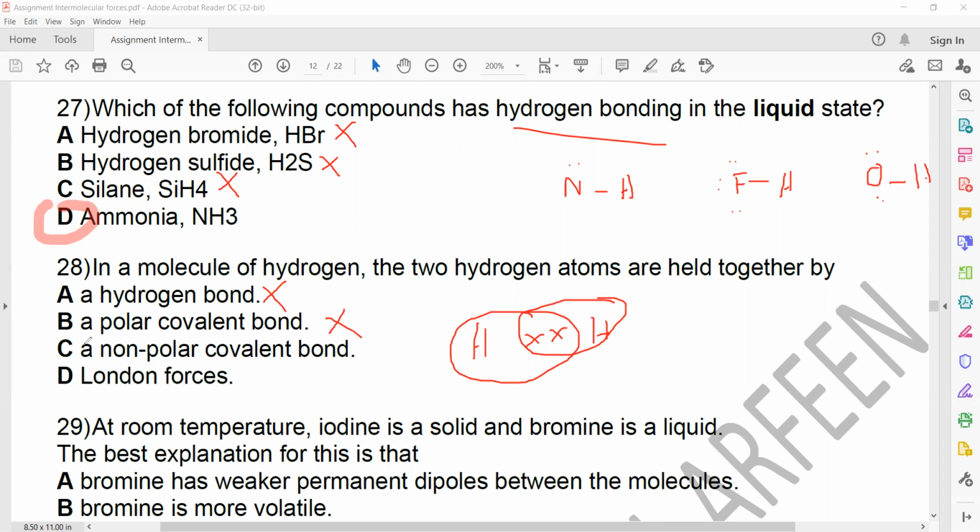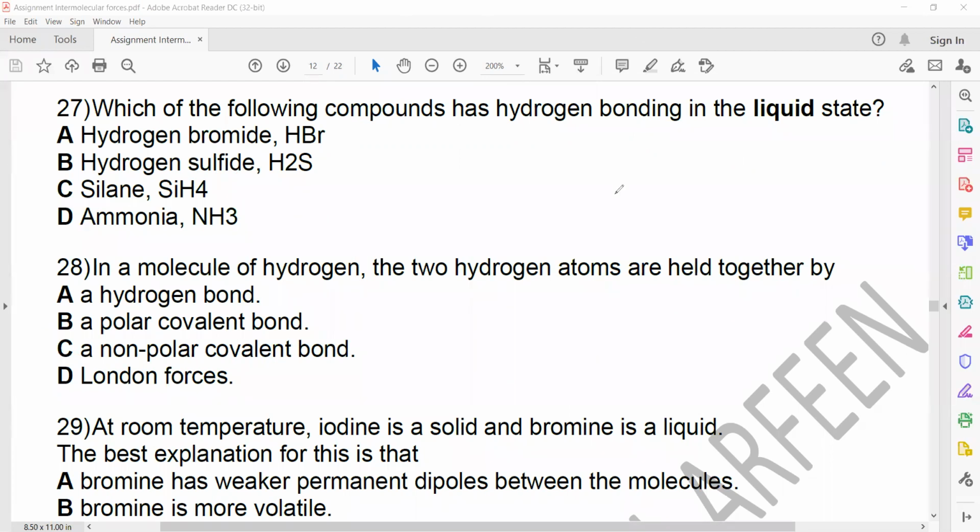Here the two atoms do not have any difference in electronegativity, so it will be non-polar. London forces are also intermolecular forces, not intramolecular. But in this question, they're asking for the force within the molecule, between the atoms. Yeah, non-polar covalent is 100%. Yeah, that's true.